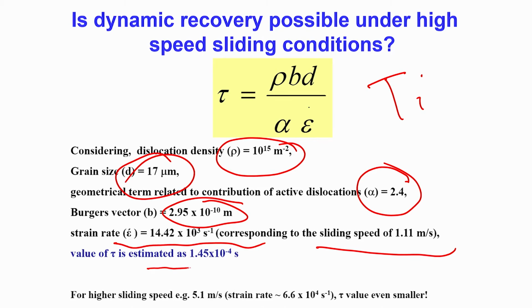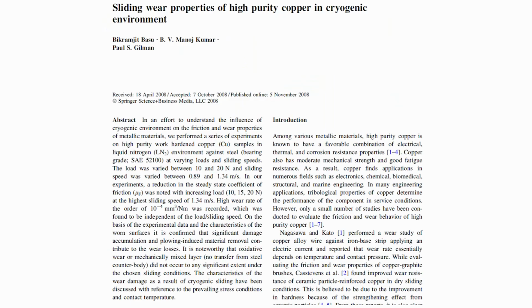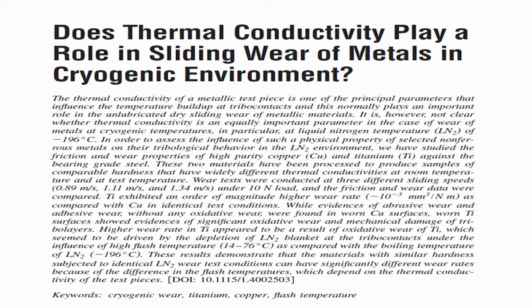So, what we have found is that the value of tau in this particular equation is 1.45 times 10 to the power minus 4 seconds. So, it is even less than a millisecond. For higher sliding speed, the tau value will be even smaller. So, this work is published in Journal of Material Science. Thank you.